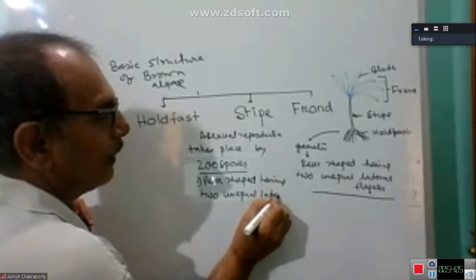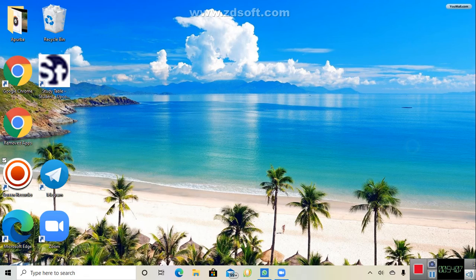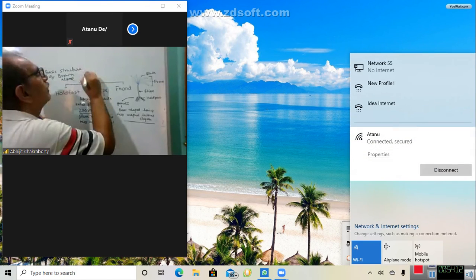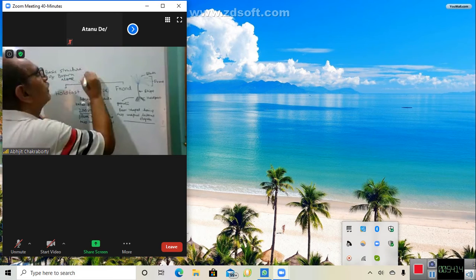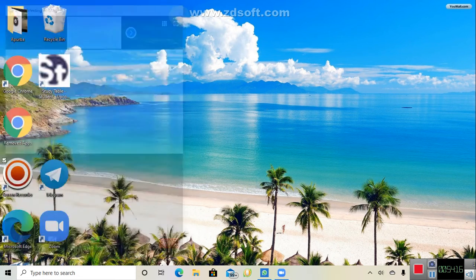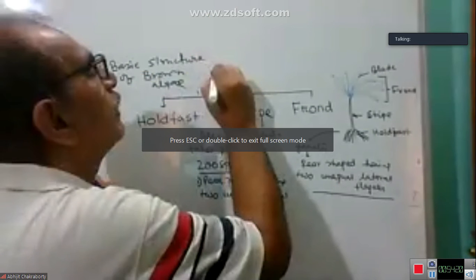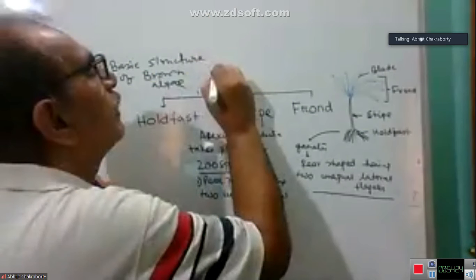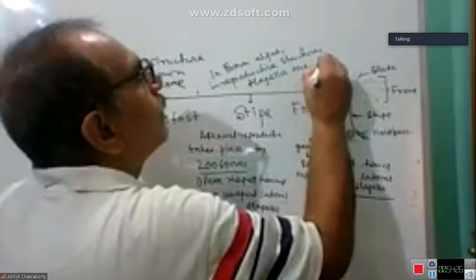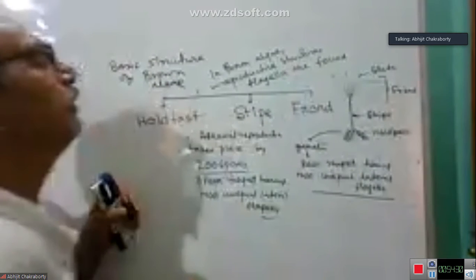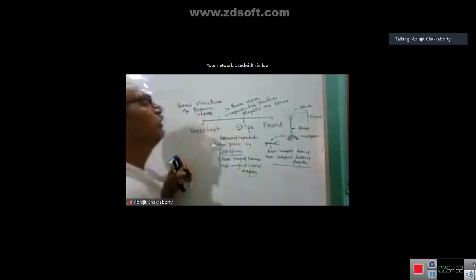So in brown algae, in reproductive structures, flagella are found.